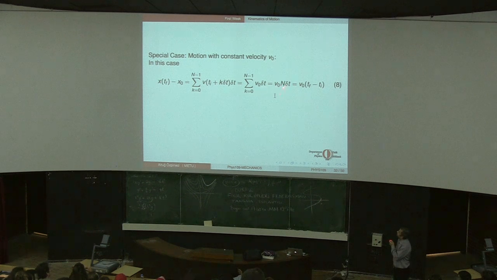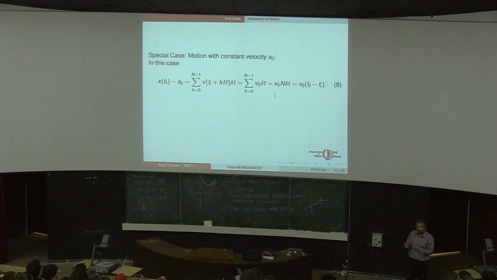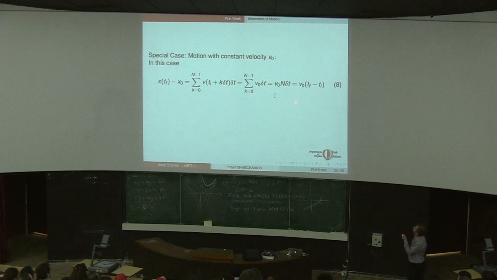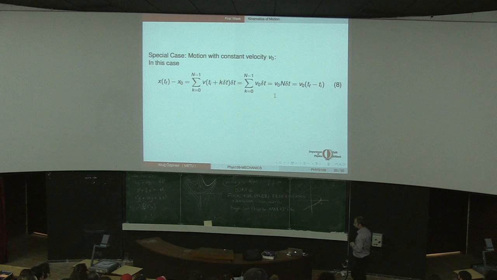But n times delta t, well, n is the total number of steps I took. Delta t is the time difference in each one of my steps. So n times delta t is nothing but the total time difference. So I end up having v0 times the time difference. So the displacement is nothing but my constant velocity times the time difference.